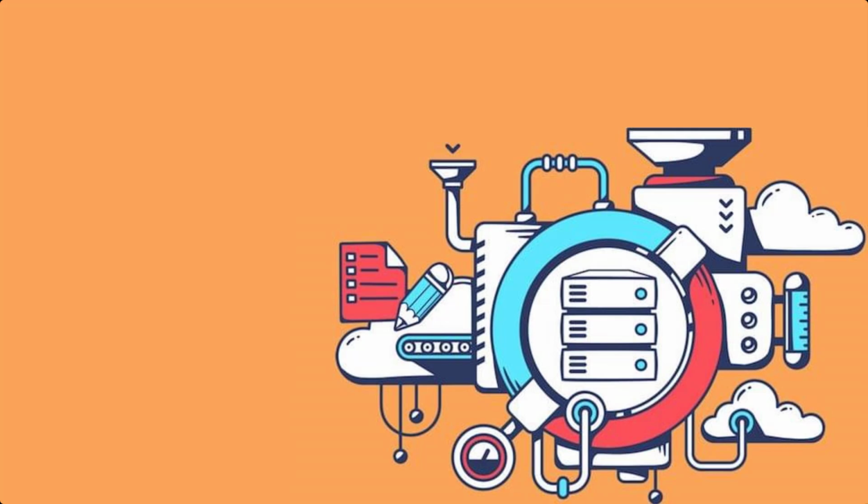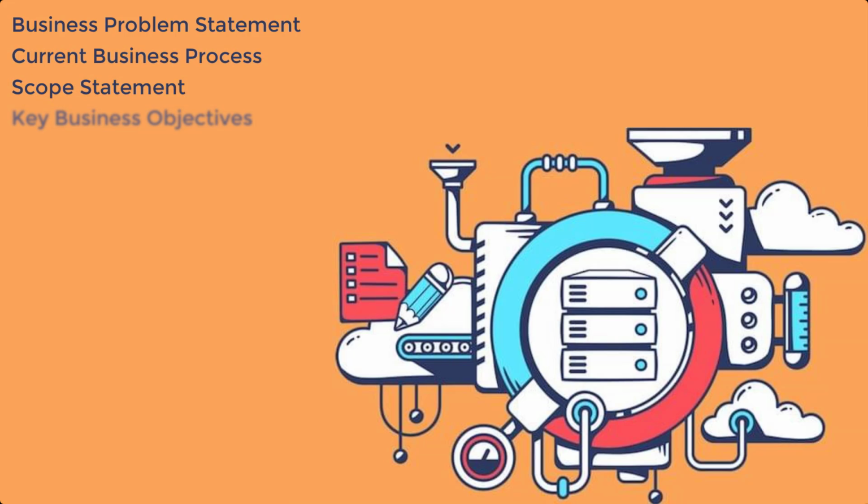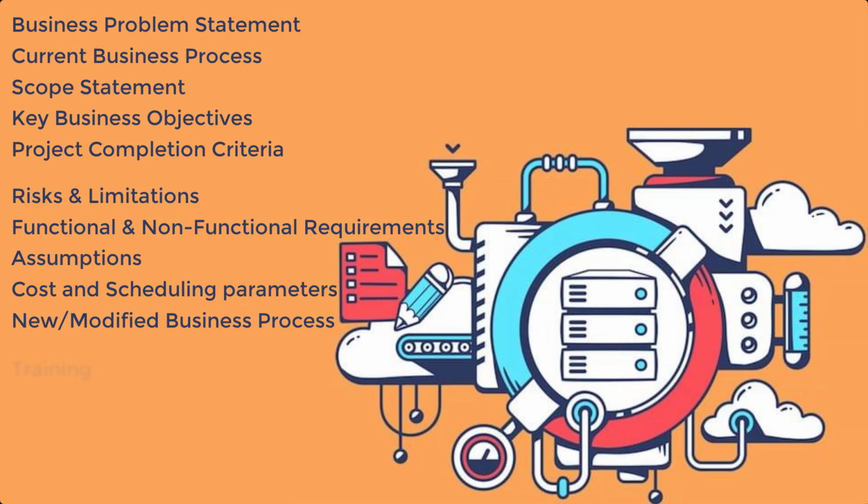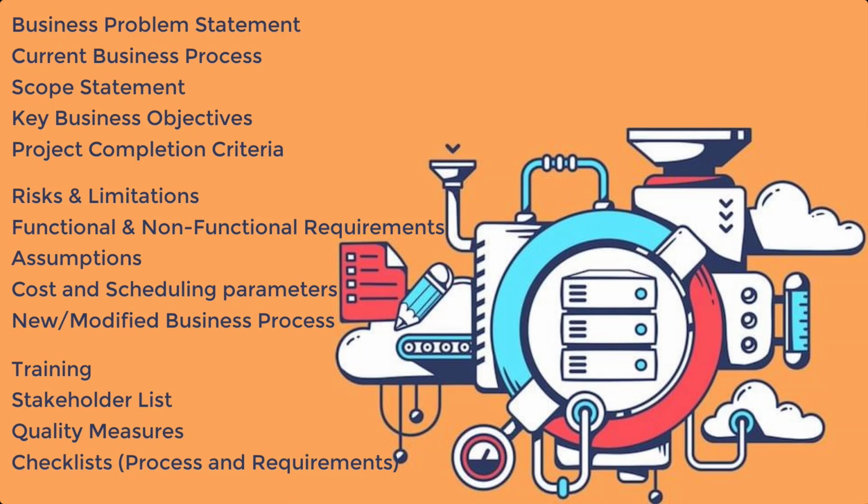Besides the scope, the key elements of a business requirements document cover a wide yet not exhaustive area of project management documentation, like business problem statement, current business process, scope statement, key business objectives, project completion criteria, risks and limitations, functional and non-functional requirements, assumptions, cost and scheduling parameters, new or modified business process, training, stakeholder list, quality measures, checklist, process and requirements.